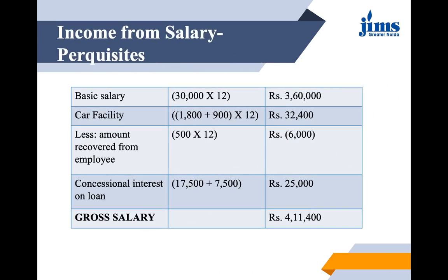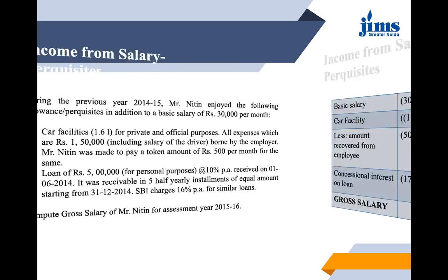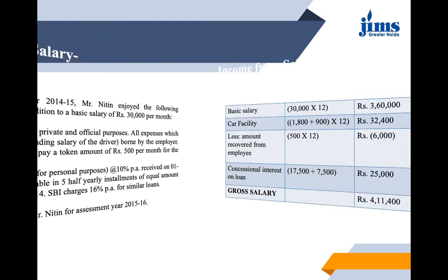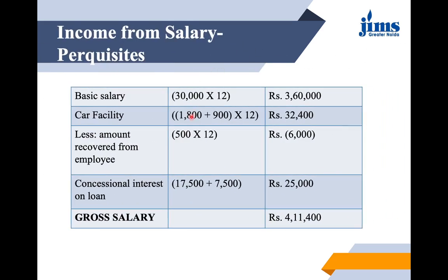Let us see. We can begin with the basic salary, that is 30,000 per month for 12 months, which will account as 3,60,000. Then we can have a look at the car facility. As the car is of 1600 cc, 1.6 liters, we will count it as 1800 for the running and maintenance charges and 900 for the driver for 12 months, which will be calculated as rupees 32,400.